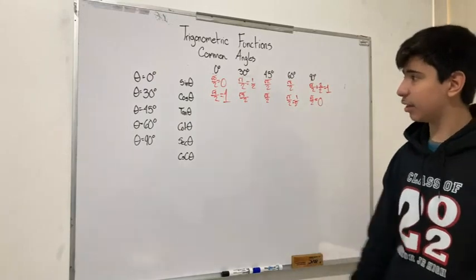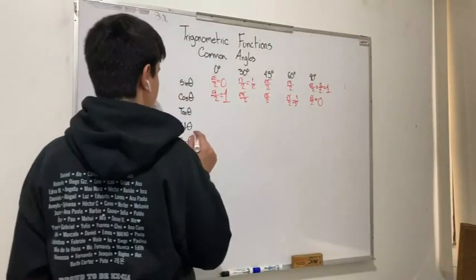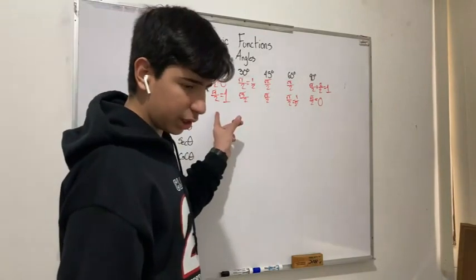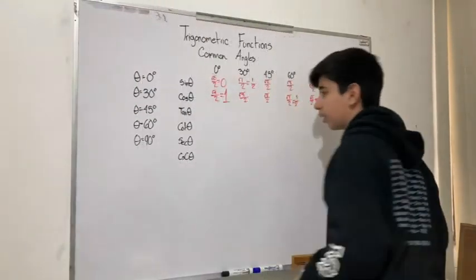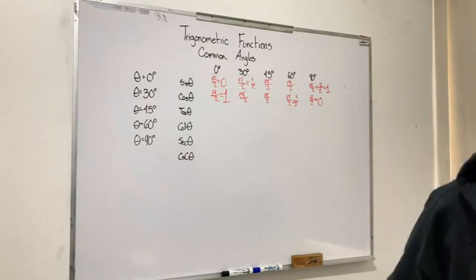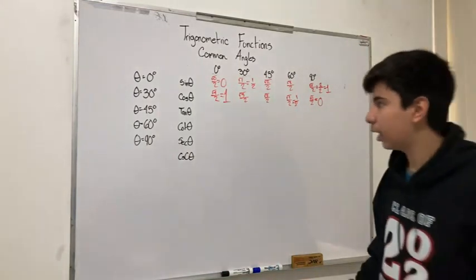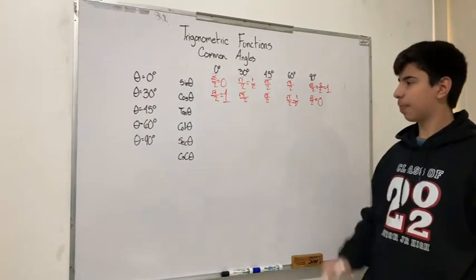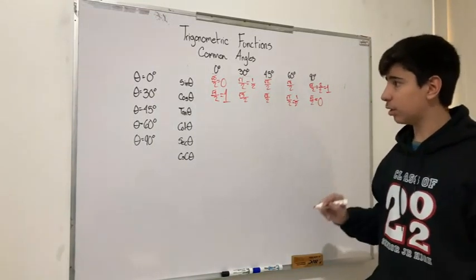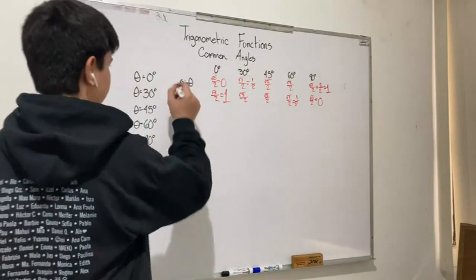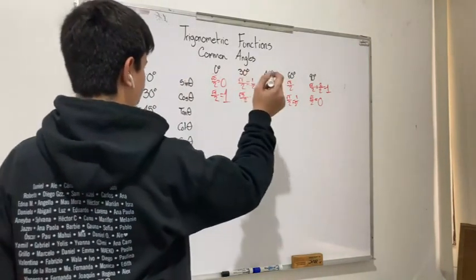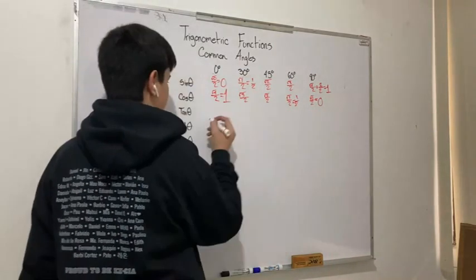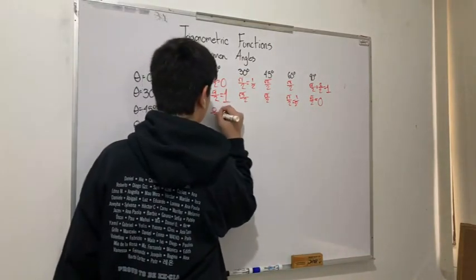Now, for tangent, what we do is divide the result of sine by the result of cosine. So here, this one will be 0 divided by 1.